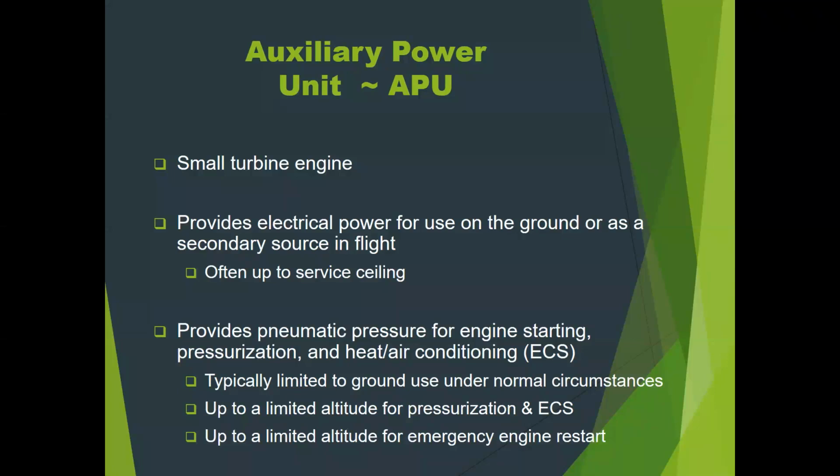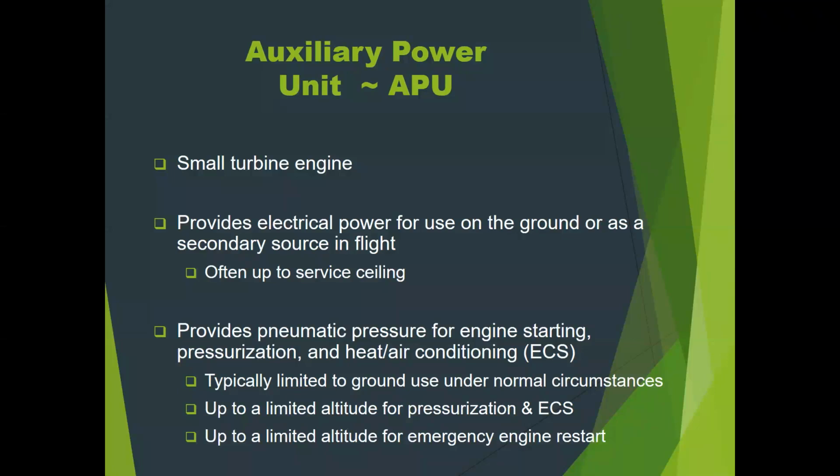We would have to limit how high we flew the aircraft. The last thing that it can be used for is in flight. If the engines do shut down, you can use the bleed air off the APU to attempt to do a restart. But again, that's at typically a limited altitude.